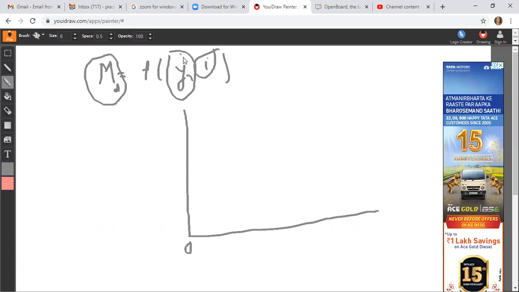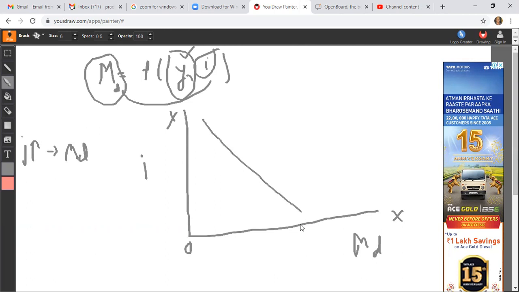Here I am going to take income constant, and we show the relationship between interest rate and demand for money. So here I am showing demand for money along the x-axis, and on the y-axis I am showing interest rate. You know that as interest rate increases, demand for money falls. So the relation is negative, and the demand for money curve slopes downward. And along this particular curve, we consider income as constant, y0.